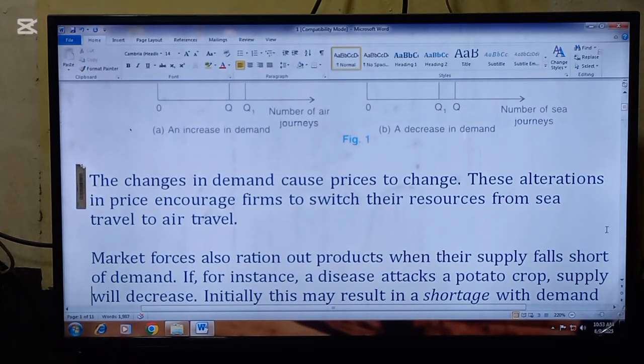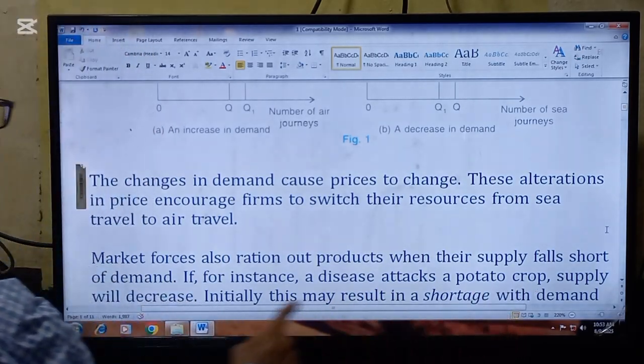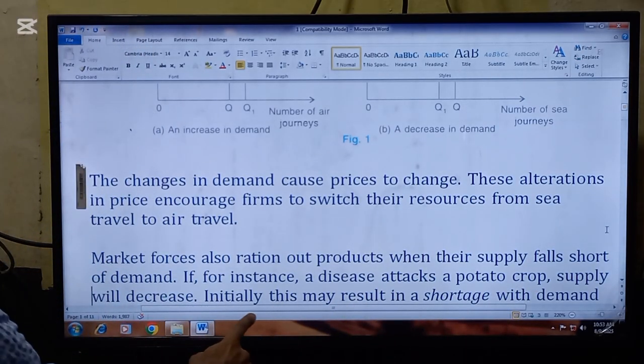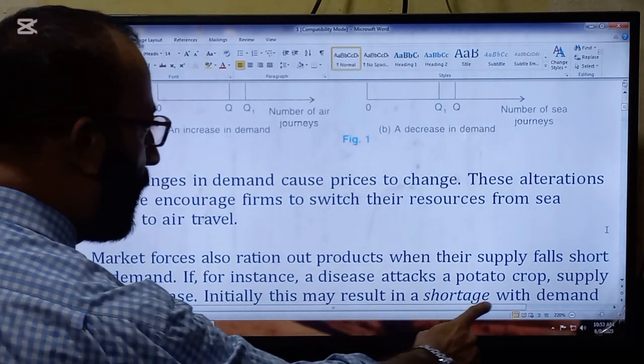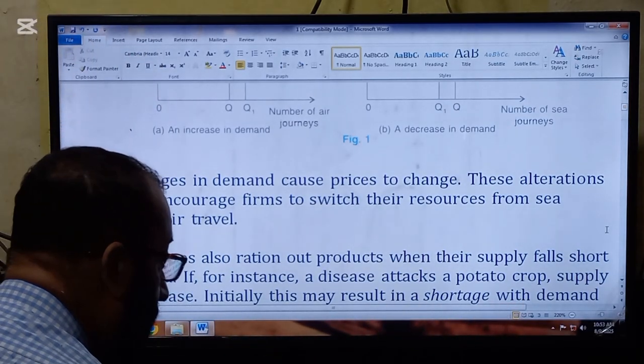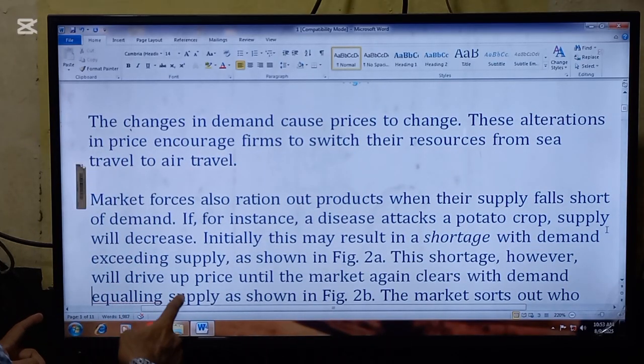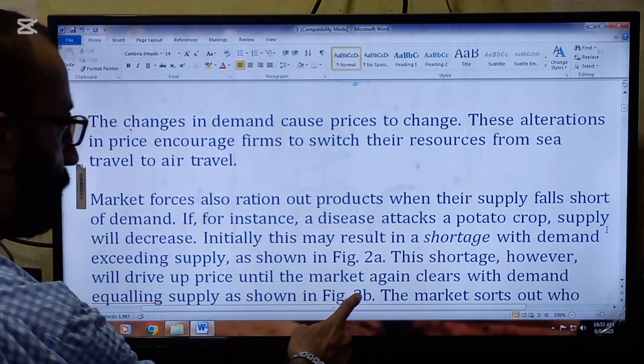Market forces also ration out products when their supply falls short of the demand. If, for instance, a disease attacks a potato crop, supply will decrease. Initially, this may result in a shortage with demand exceeding supply, as shown in figure 2a.